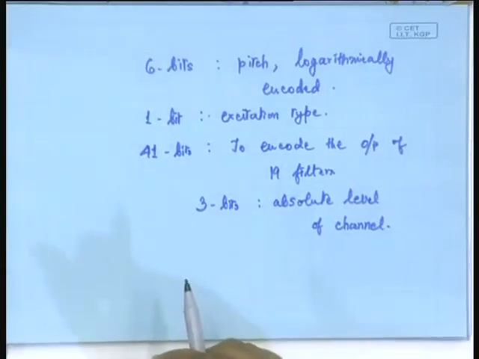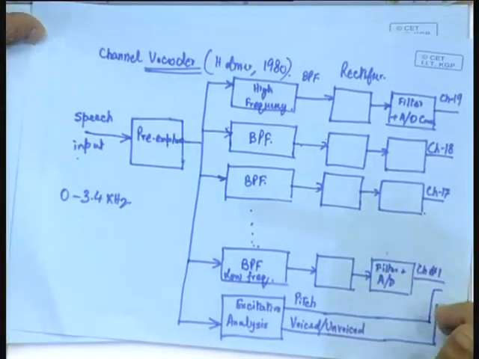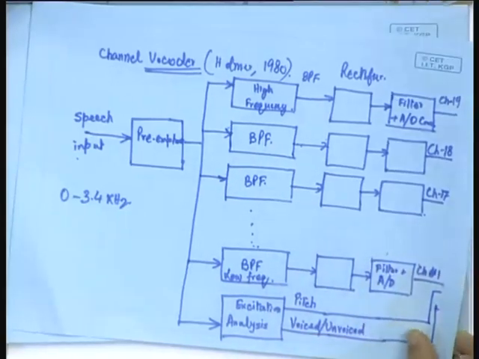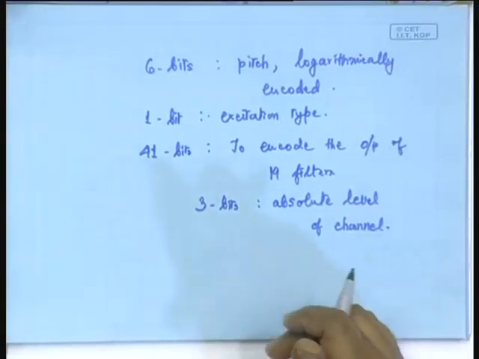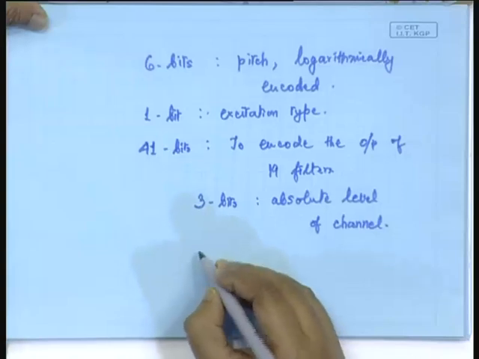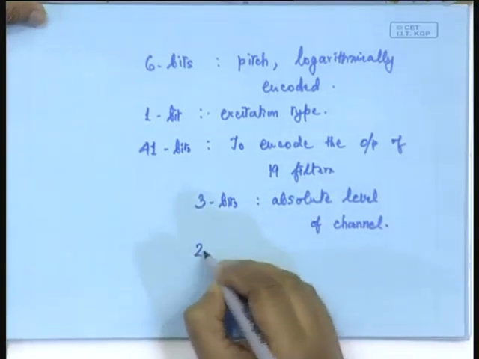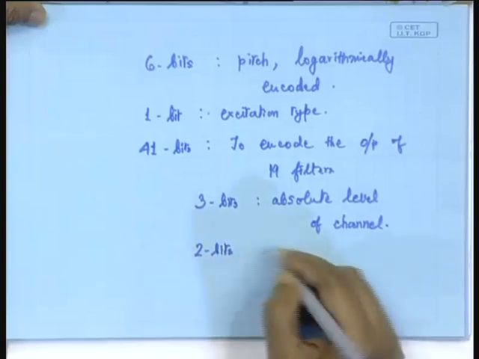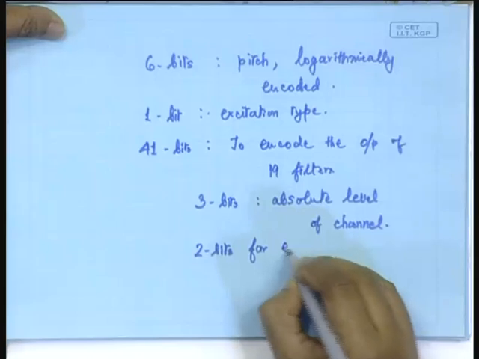So when we are encoding channel number 2, which will be the very next filter bank from the lowest frequency, its output will be encoded using the channel to channel difference, and that requires fewer bits, whereas 3 bits are needed for absolute level. The channel to channel incremental difference needs only 2 bits. So, 2 bits for each channel to channel difference.